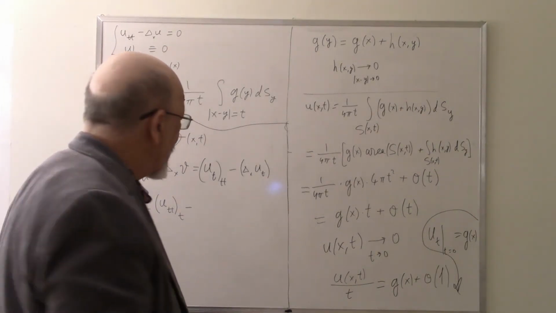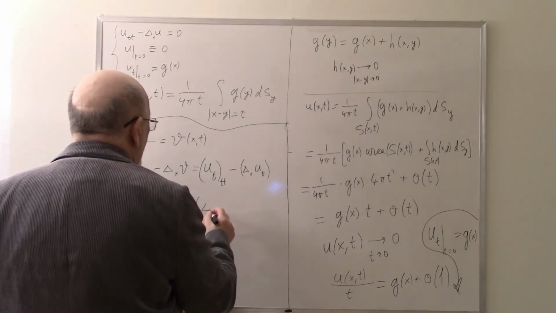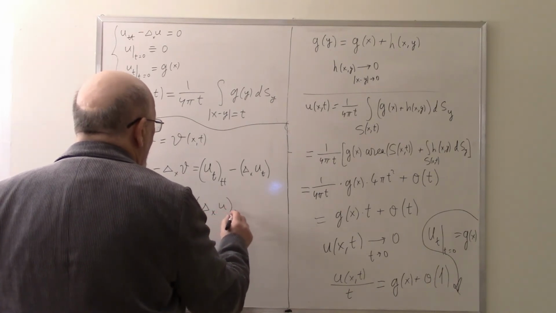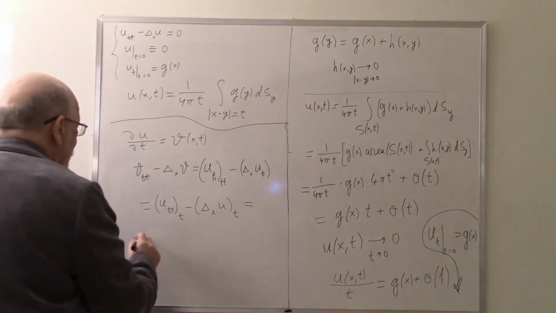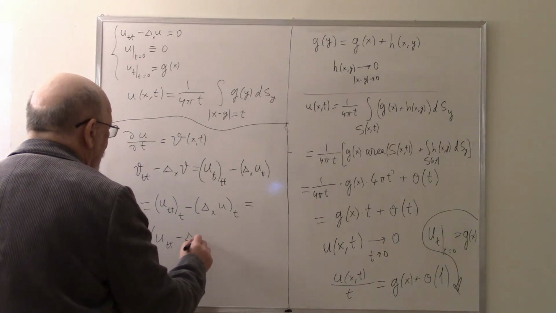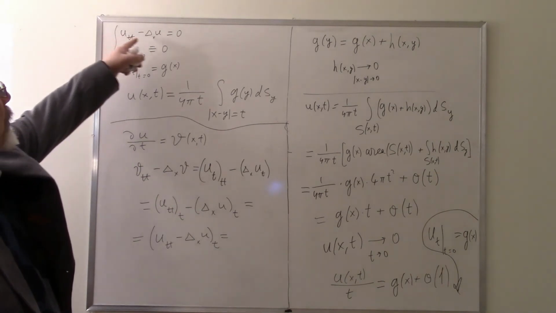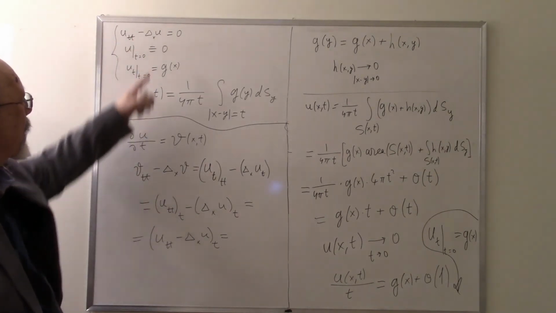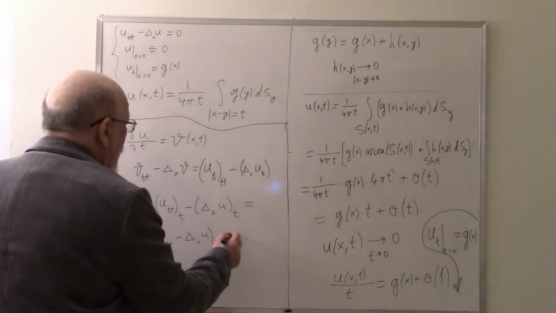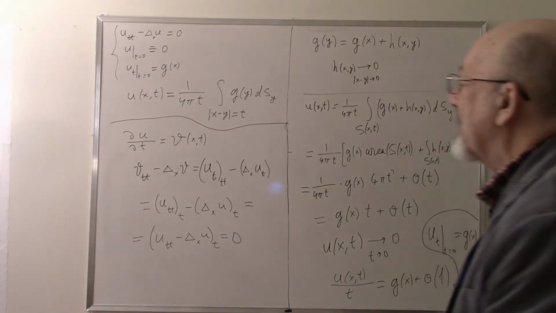Yes, and so it means minus delta u_t equals u_tt minus delta x u_t. Now, if u was a solution of this equation, so here is 0, then the time derivative of this 0 is 0. So it is 0. So the function du/dt is a solution.